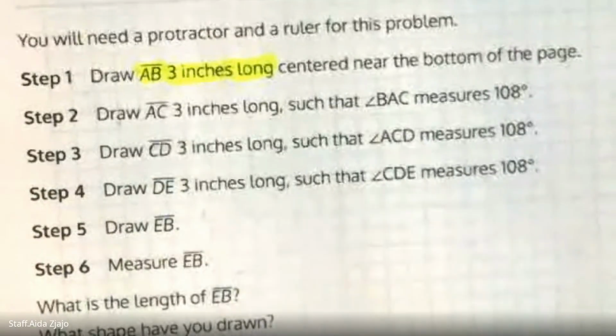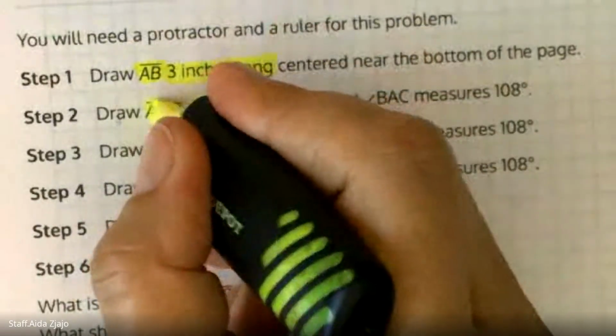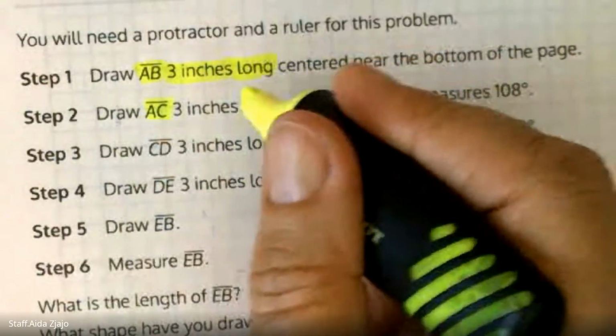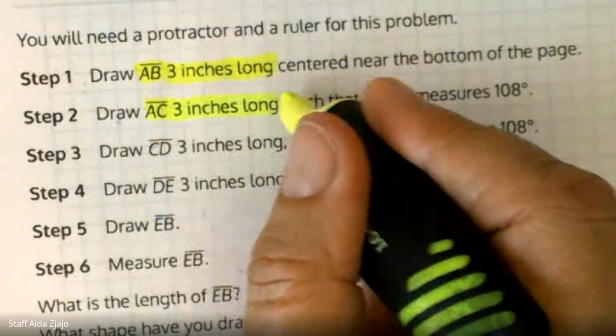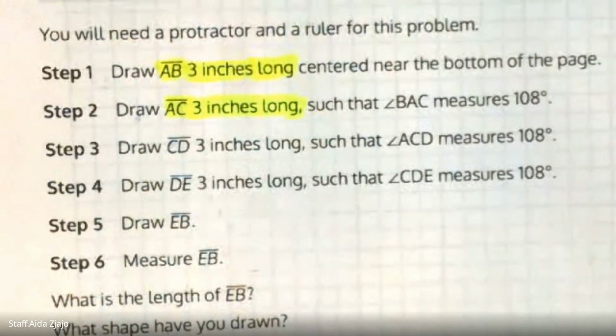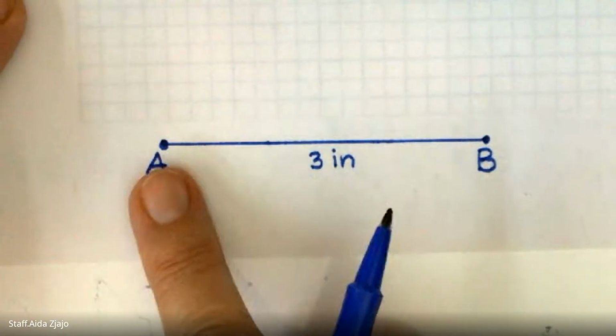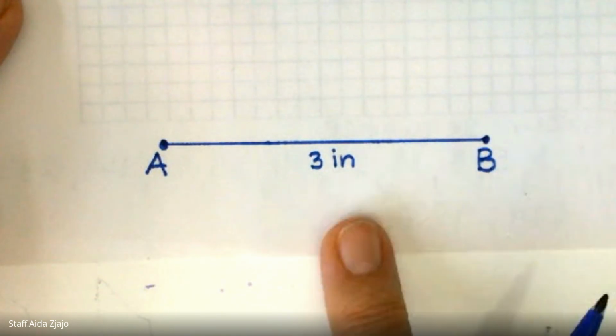Step 2, draw AC segment 3 inches long. Okay, I realize we didn't label these A, B line segments, so I'm going to put the dot on each, like this. Line segment AB, 3 inches.